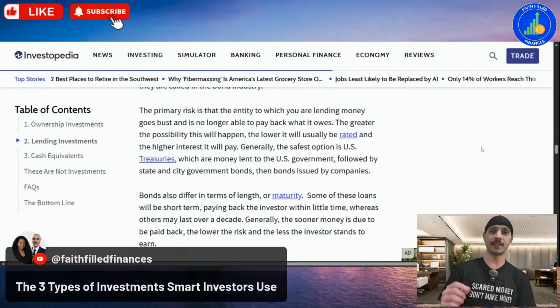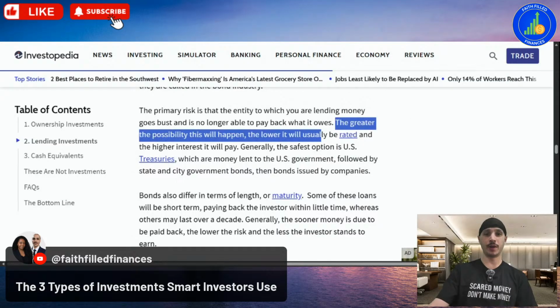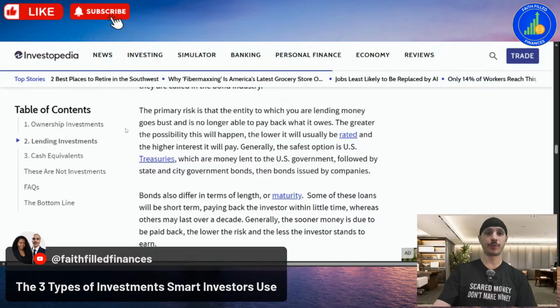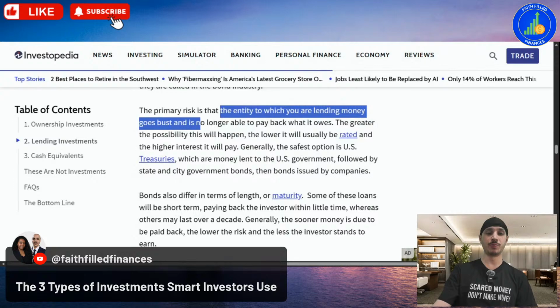The primary risk is that the entity to which you are lending money goes bust and is no longer able to pay back what it owes.